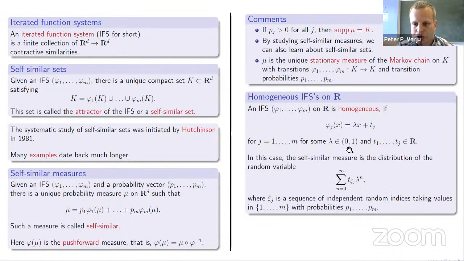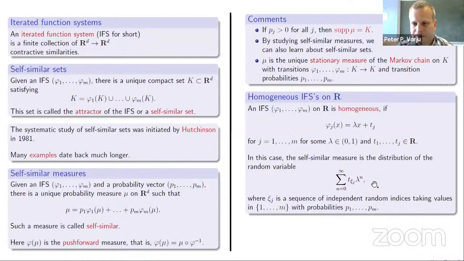So if you have such an iterated function system, then the self-similar measure can be realized as the distribution of a random variable, which is a power series with random coefficients. These t sub psi j are random. More precisely, the psi j is random. It's an independent random sequence of indices chosen with probabilities P1 up to Pm.